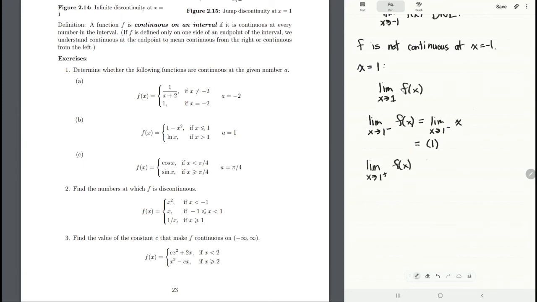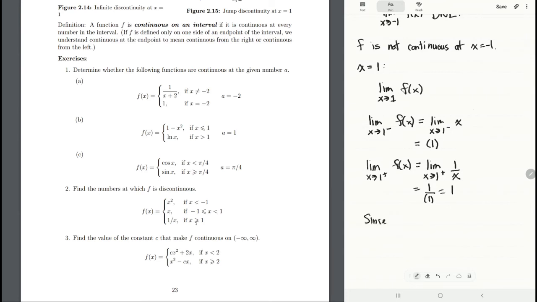Now x will be slightly larger than 1. And if x is larger than 1, then our function will be equal to 1 over x. So we have the limit as x approaches 1 from the right of 1 over x. If we take the limit, we get 1 over 1, which is equal to 1.